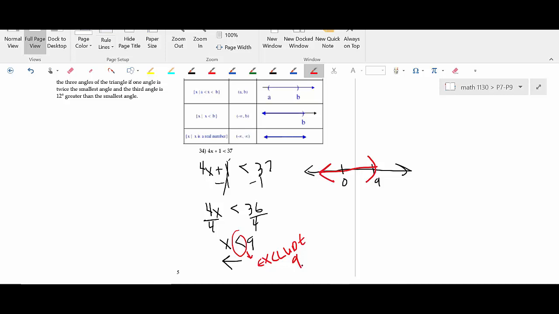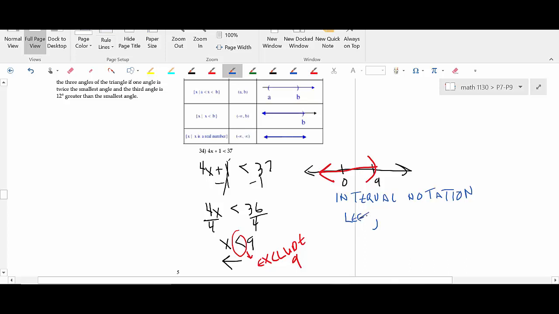Okay. The other thing you want to review is how you do interval notation. When you do interval notation, it kind of goes like this, okay? You always name things from left to right. So where does it start? Where does it end? Okay, so it just kind of goes like this. Just on a quick review, this thing goes forever that way.